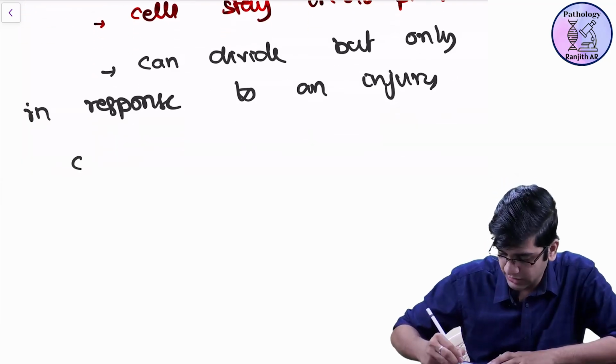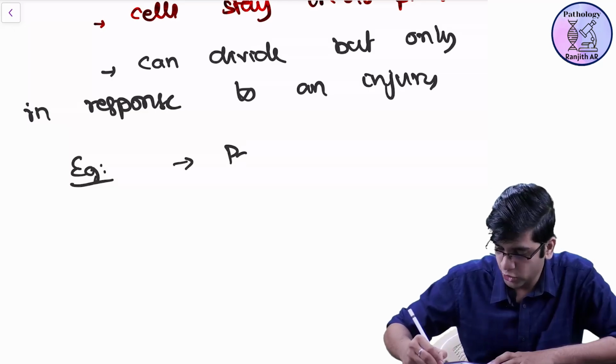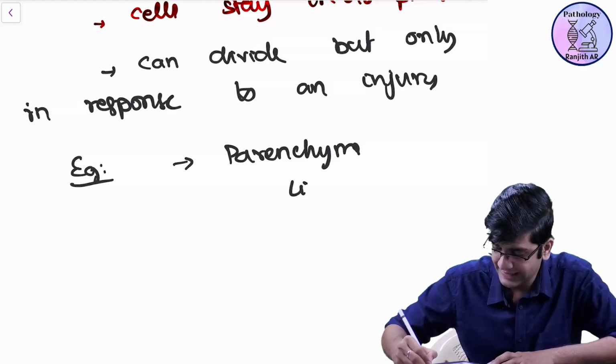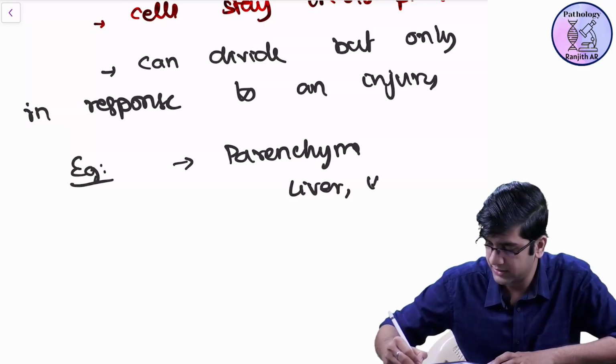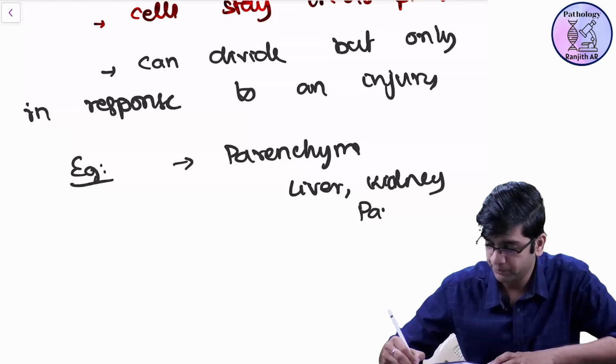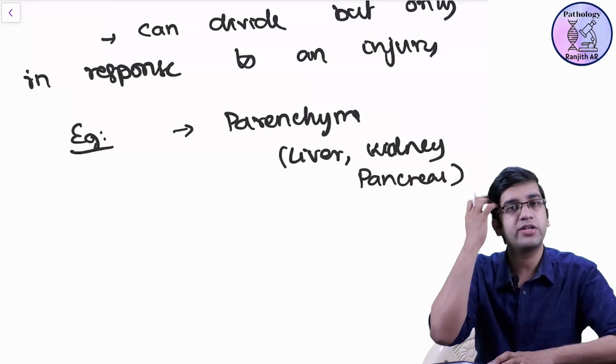So what are the cells that come under them? Examples: parenchymal organs, the parenchyma of liver, kidney, and pancreas. I'm not talking about the epithelium, I'm talking about the parenchyma. So liver parenchyma can regenerate, but does not regenerate continuously.